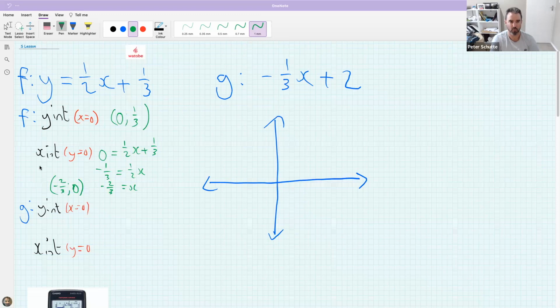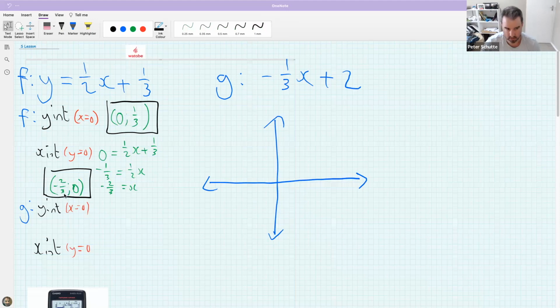Okay, so what I get for the function f is my y-intercept is 0 to third, and my x-intercept is that. You can let me know in the chat whether you agree or not. And then you still need to draw these graphs. Then I'm going to ask you some questions about them.